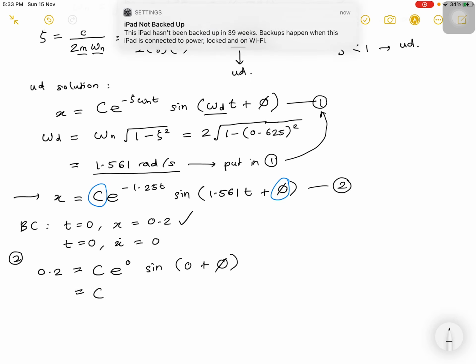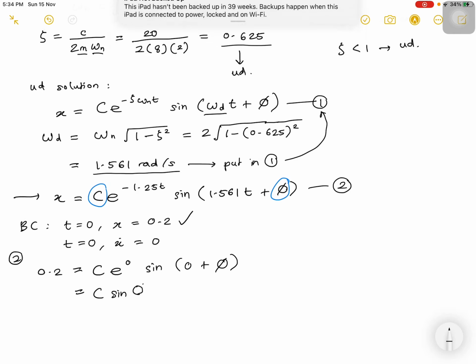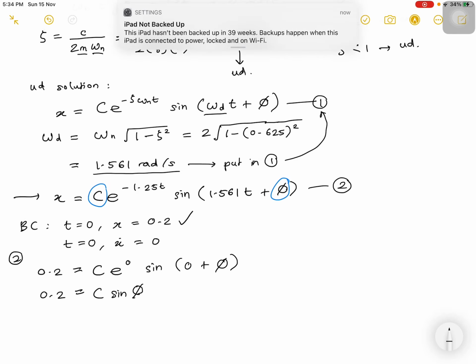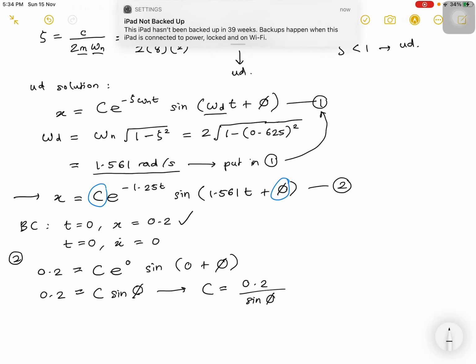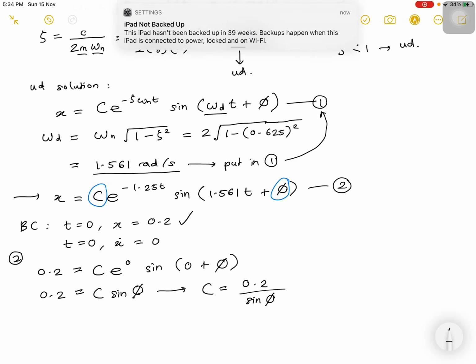We can simplify to c sine psi, and rearrange so that c is the subject: c equals 0.2 over sine psi. Alright.